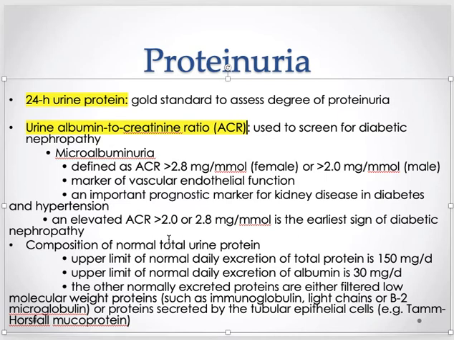We can take just one sample of the urine, spot check that sample, and compare the level of albumin in the sample against the creatinine. Quite easy. The values for males and females are different. Why? Because males have more muscle mass and females have less muscle mass. This is the reason they have different values.